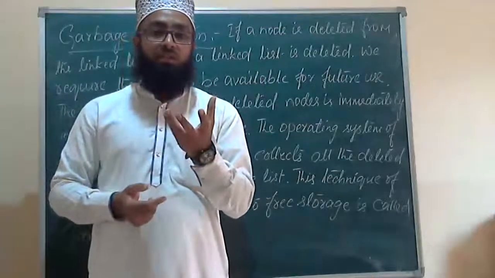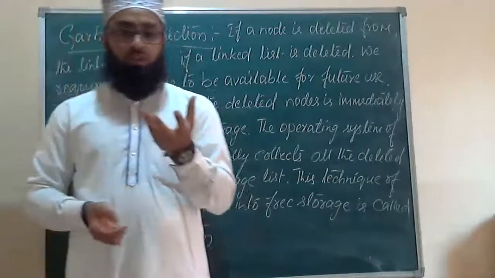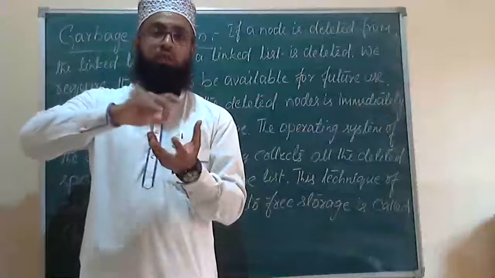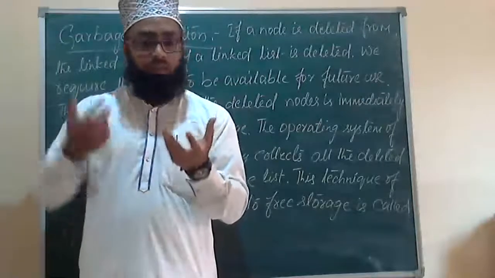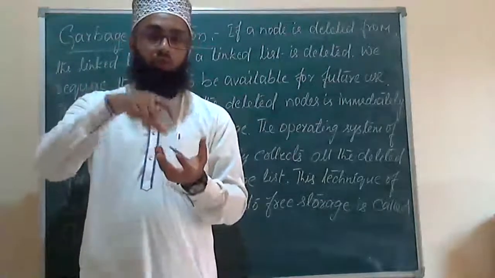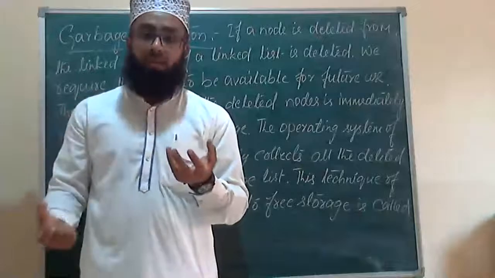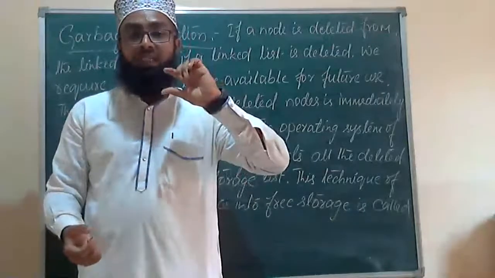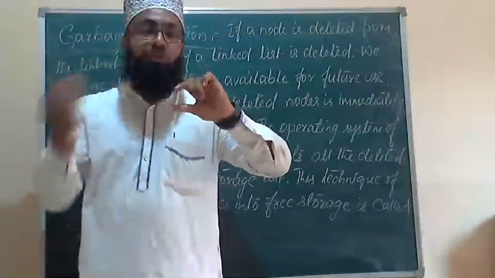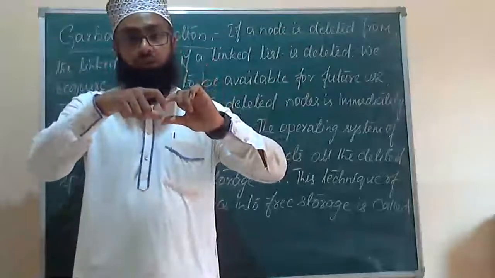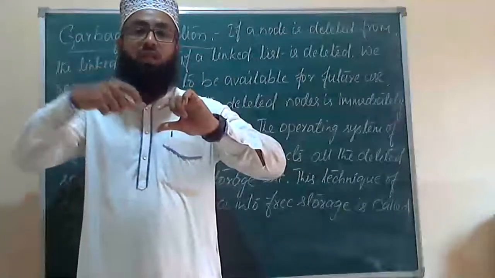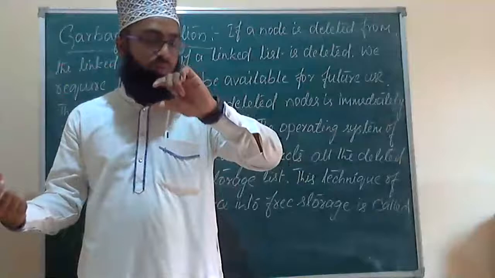Let me give you an example of garbage collection. Think that you are having a geometry box. In that you kept your instruments, just like pens, pencils, rubbers, and so on. When your tools are removed from your geometry box, the geometry box becomes empty.